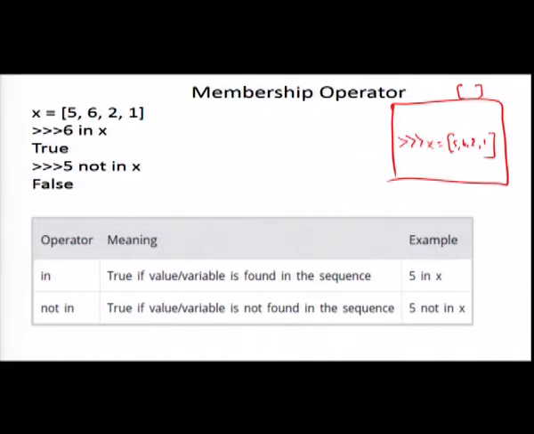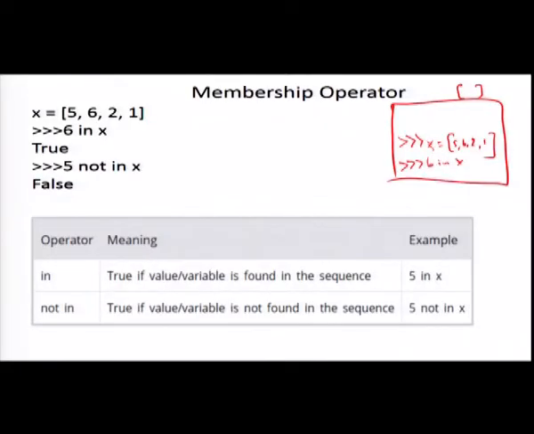So if I am going to check whether 6 in x, x is a variable which holds a list of values 5, 6, 2, 1, and I am going to check whether the number 6 is available in this particular list.